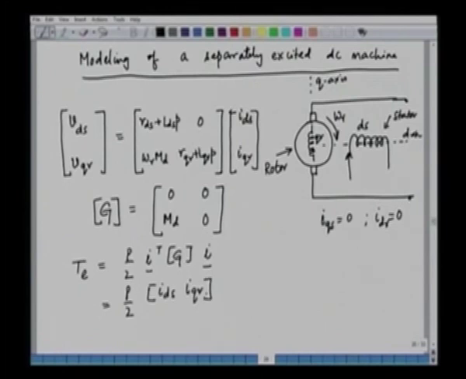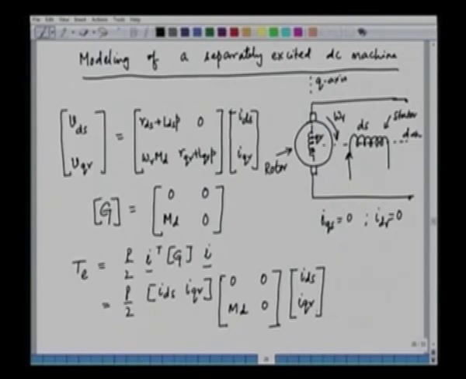This will be a row matrix. I is a column matrix, and if you transpose it, it will be a row matrix. And then what is the G? This is the G matrix, and then we will post multiply with I.